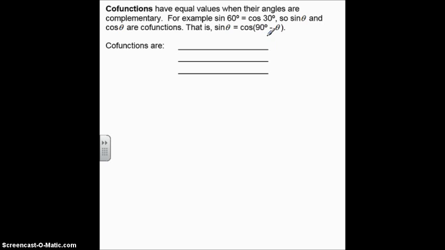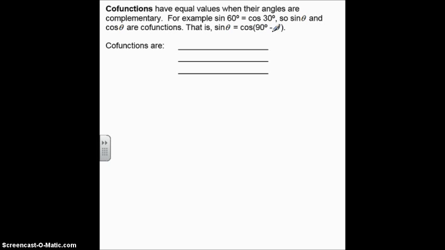Okay, cofunctions have equal values when their angles are complementary. For example, sine of 60 degrees equals cosine of 30 degrees, because 60 plus 30 is 90. So sine of theta and cosine theta are cofunctions. That is, sine of theta is equal to cosine of 90 degrees minus theta.